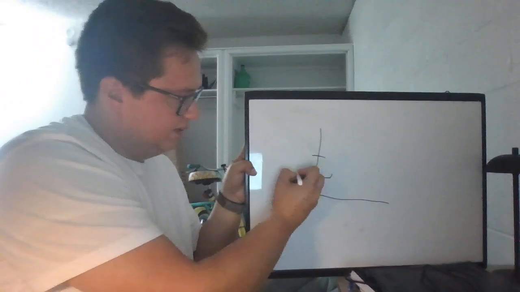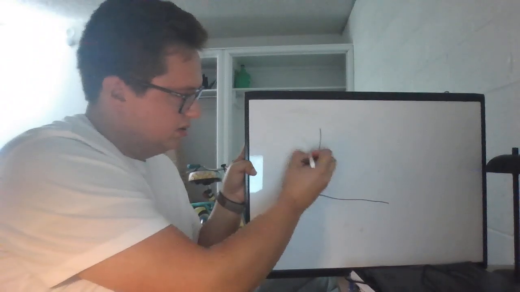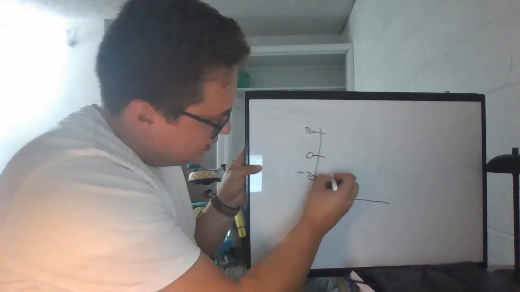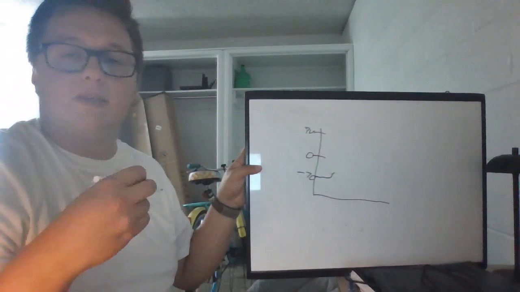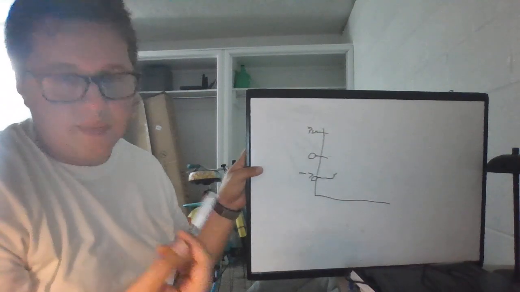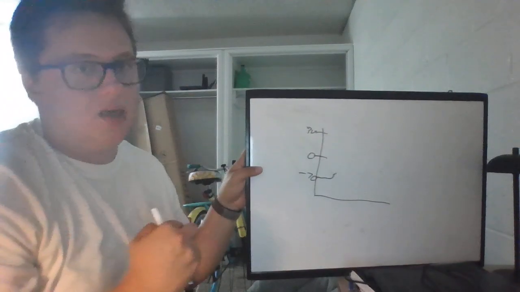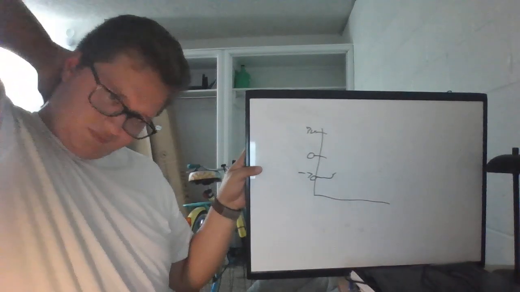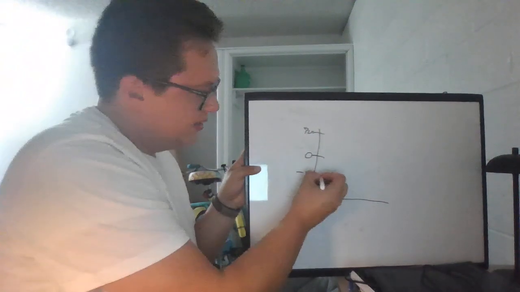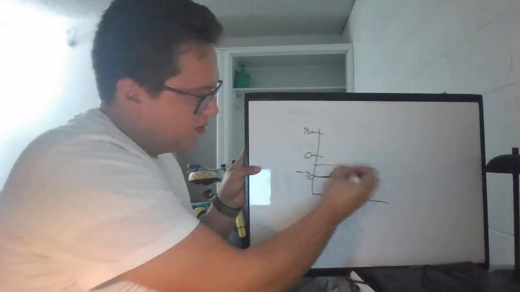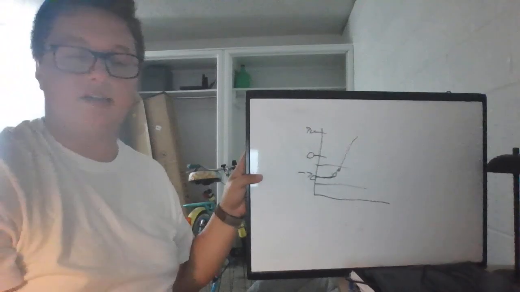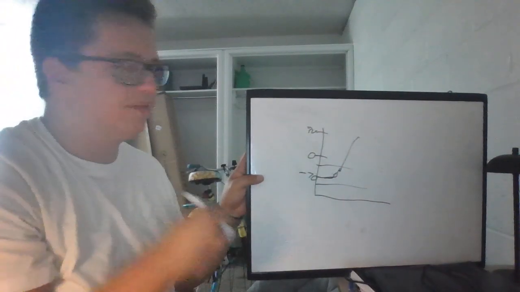Say this is negative 70, 0, we'll say this is 30. This is when voltage gated sodium channels open and sodium starts to rush in. This is depolarization. Then at a certain point, once it hits threshold, it pops up. And that's action potential. This is really when the sodium rushes in.